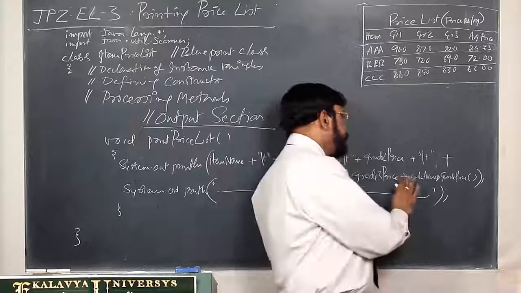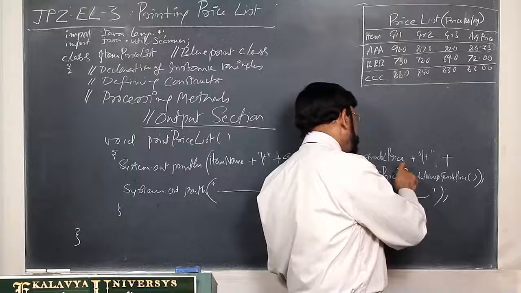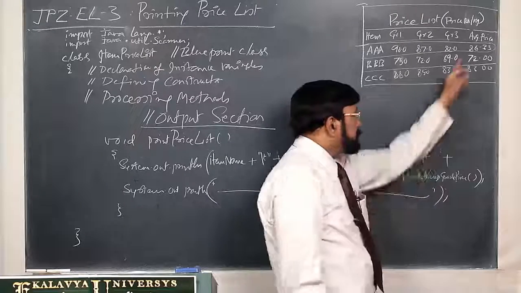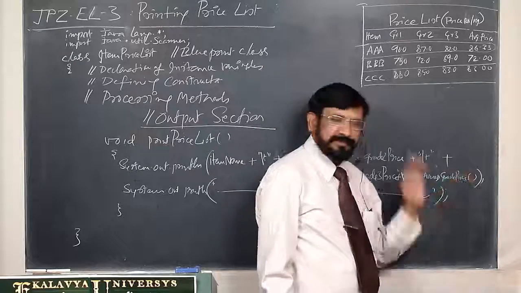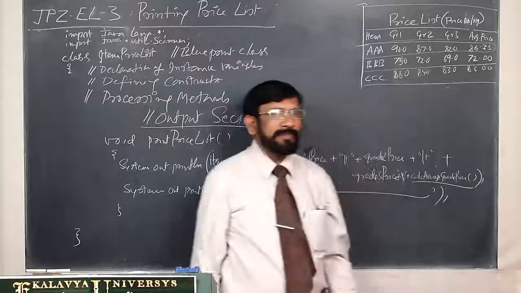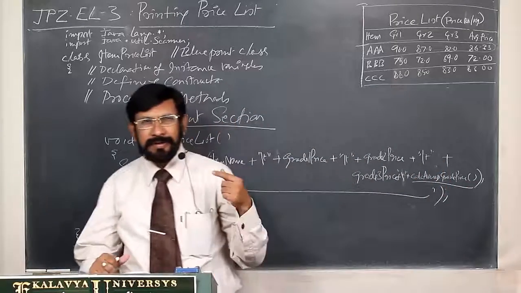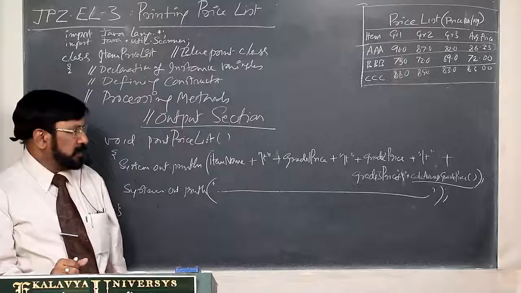Then thereafter you also give a tab, and thereafter the average price is to be printed. Calculate the average grade price, then you are calling it. This is very crucial. Okay, then you are able to print one row. That means one object's data you are able to print.